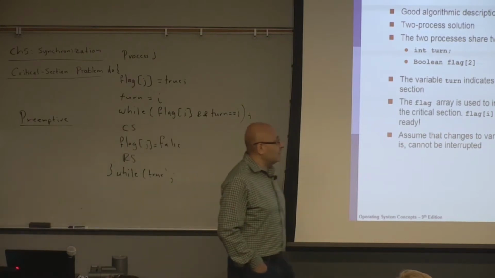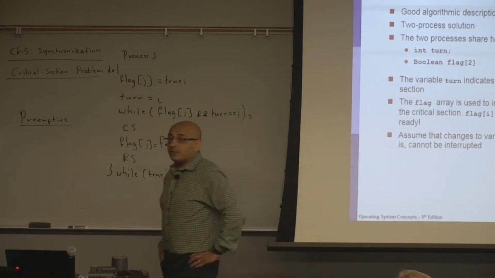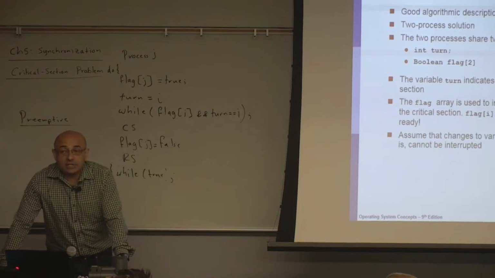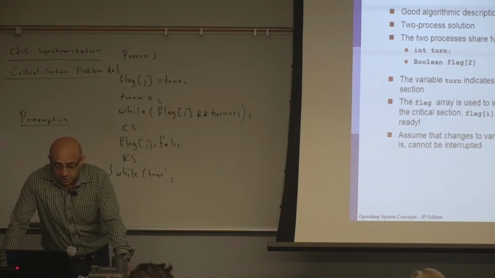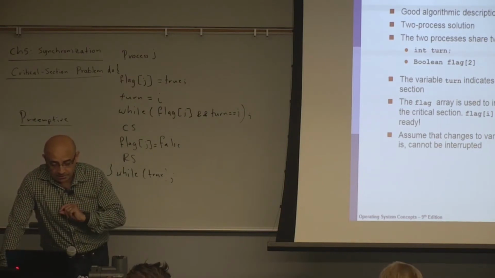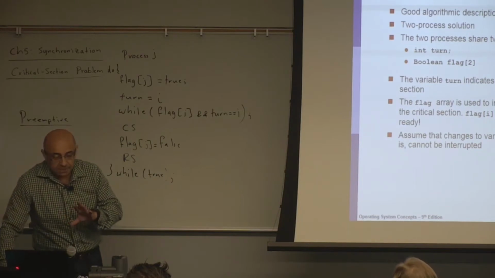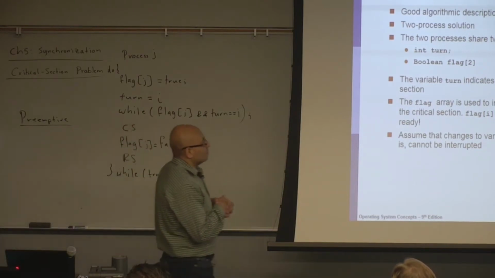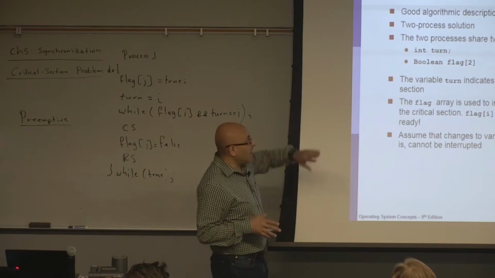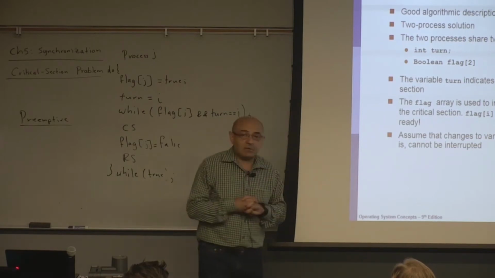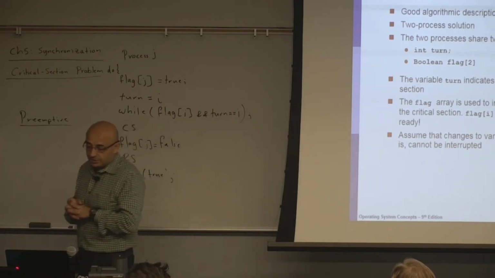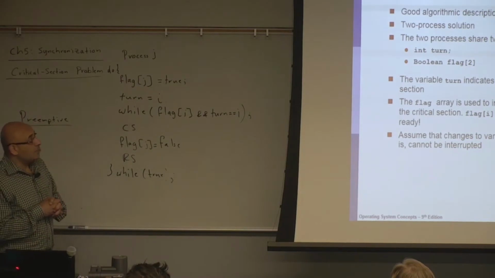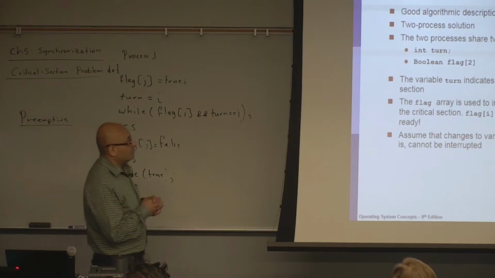Why are we studying it? We're studying it because it's conceptually interesting, and it shows us how the three conditions for the critical section problem can be satisfied. After we describe the solution, we will see how it satisfies the three conditions, which are mutual exclusion, progress, and bounded waiting.